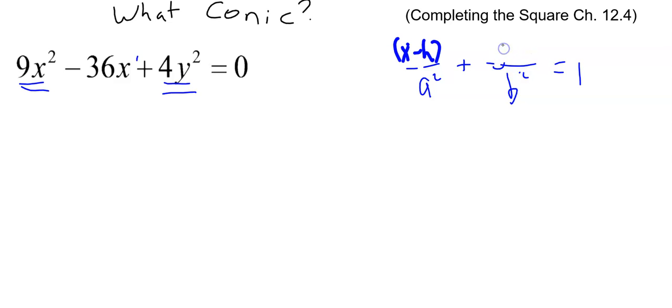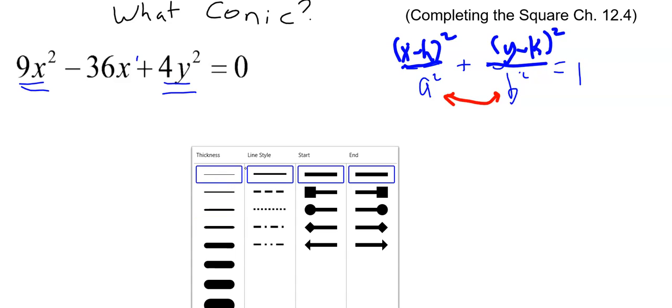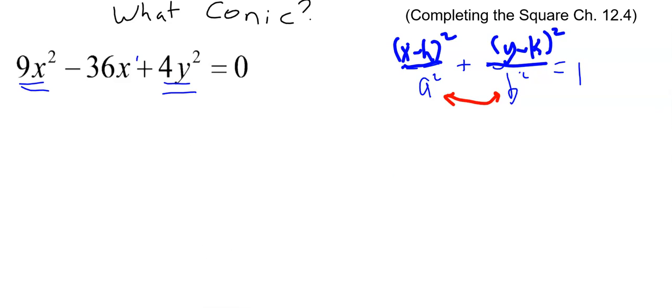That might be y minus k squared there. And again, we don't know if the a squared or b squared is in different spots in the denominator, but that's the basic form we're trying to get this into. Okay, so let's try that.